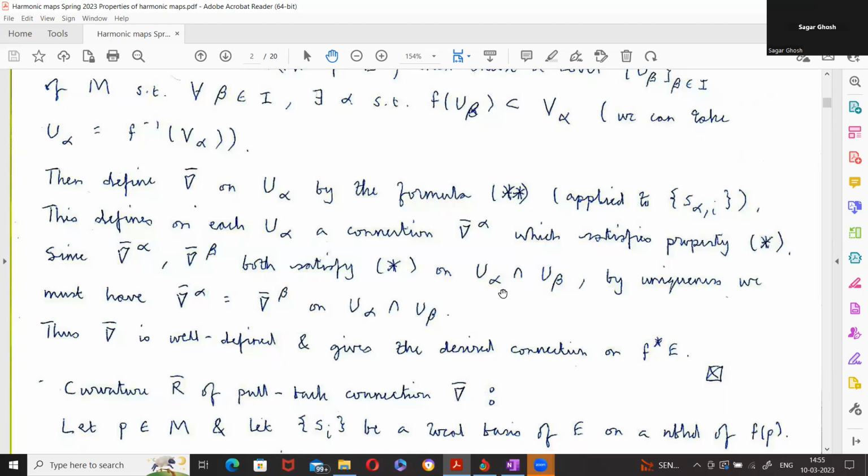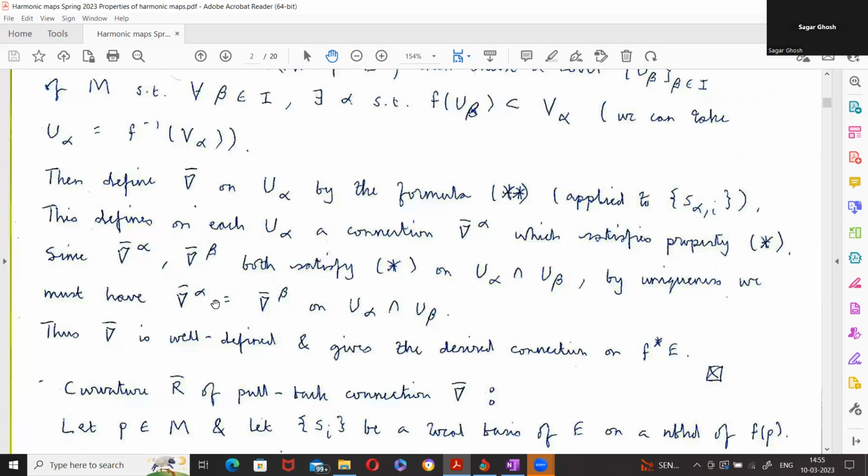Now, if I look at the intersection U alpha intersect U beta, then both the connections nabla bar alpha and nabla bar beta satisfy the compatibility condition on the intersection. Therefore, by the uniqueness which we already proved, nabla bar alpha has to equal nabla bar beta on U alpha intersect U beta. That means these connections on the open sets U alpha agree on the intersections.